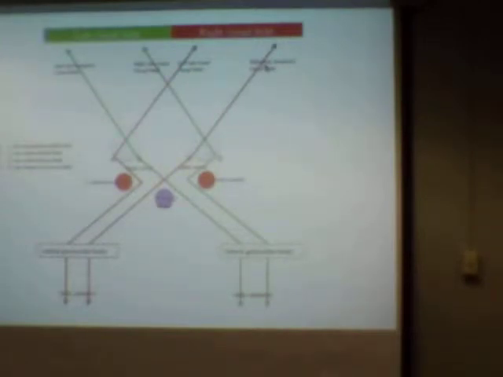Chiasma means cross. That's where they cross. Well, there's an X shape there, right next to the pituitary gland, remember. Now, as you can see here, my temporal retinal fields stay ipsilaterally. The nasal retinal fields cross.